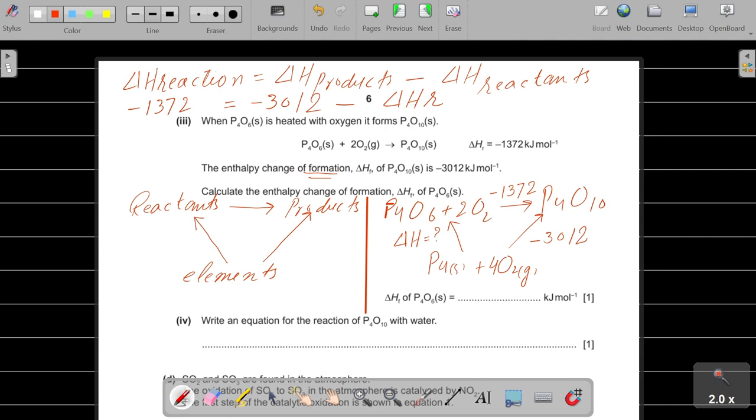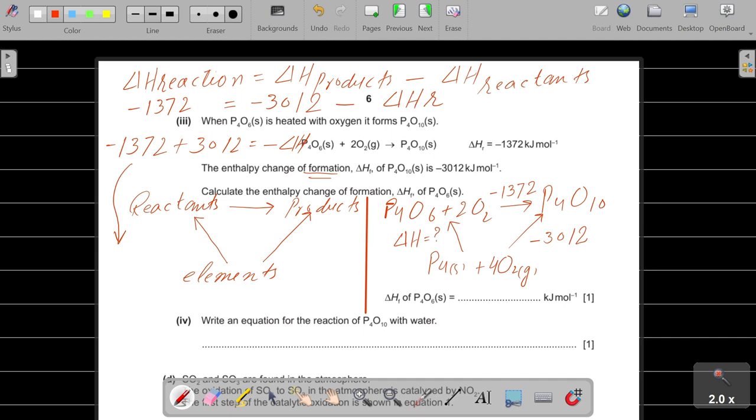So now bring this minus 3012 to this side, it will become minus 1372, negative will become positive 3012, equals negative delta H of R. When you solve this, I'm writing the answer here because I have space.